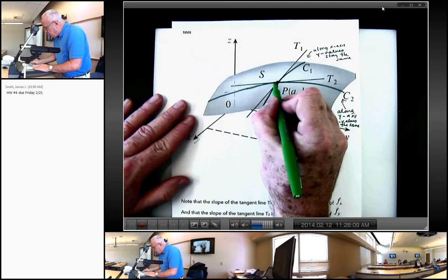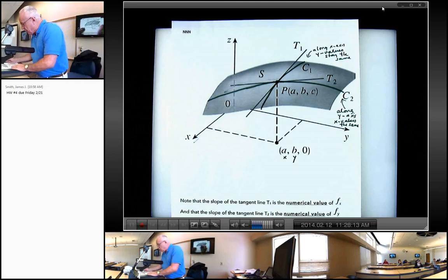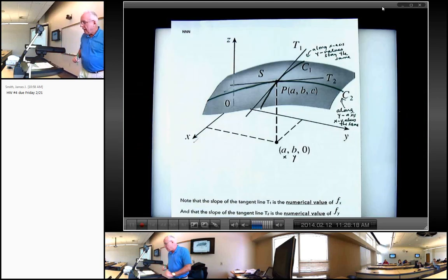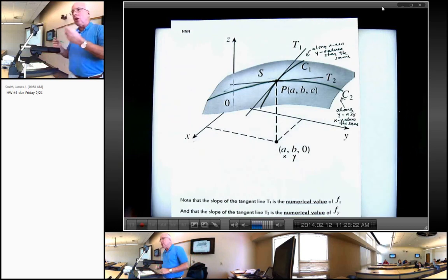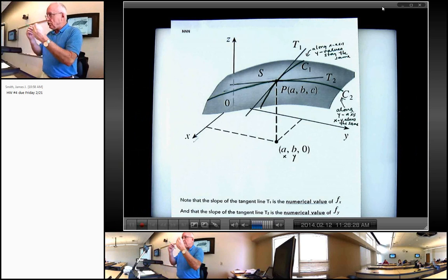So basically we look at the derivative in each direction, say we just pretend now we're strictly along this curve here, and we calculate the derivative along that curve. That gives us, remember that the slope of the tangent line is the value of the derivative. Remember this from Calc 1.